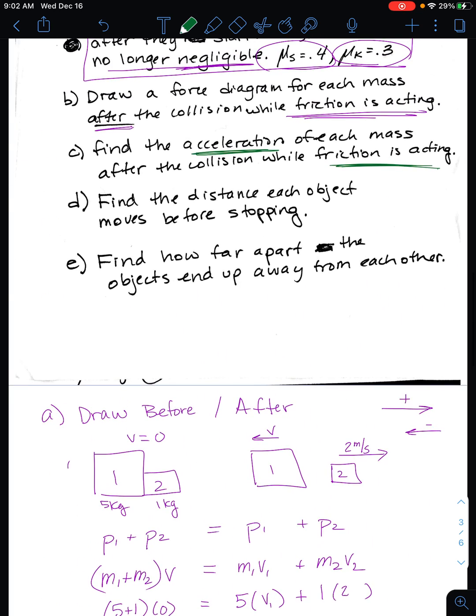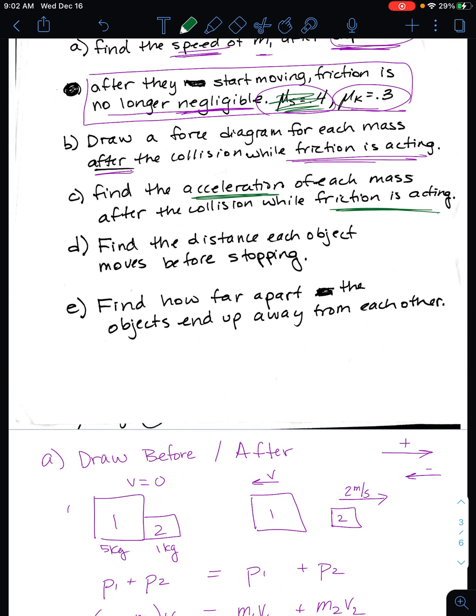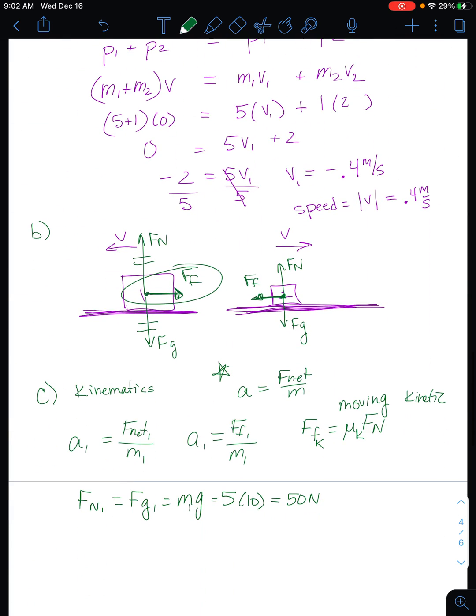And so looking back up, we don't need this one. We need this one because we're moving. 0.3 is going to be the value we use here. 0.3 times our normal force is going to be equal to the force of kinetic friction. So we'll do 0.3 times 50 and get 15 newtons of force of kinetic friction.